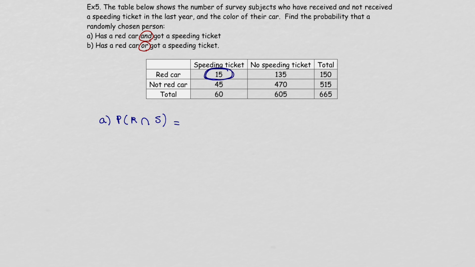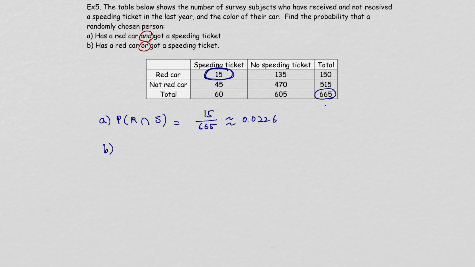And because it's not conditional, you're going to use the total number of cars. So your total is 665, giving 15 over 665. Decimal form will be 0.0226.